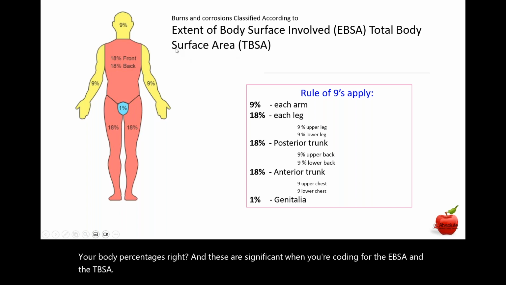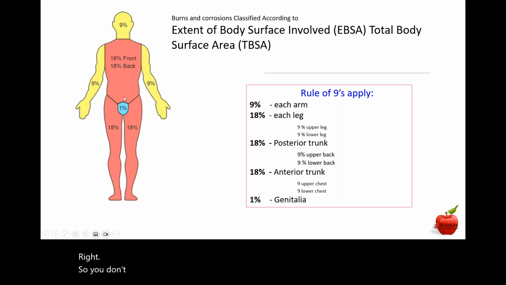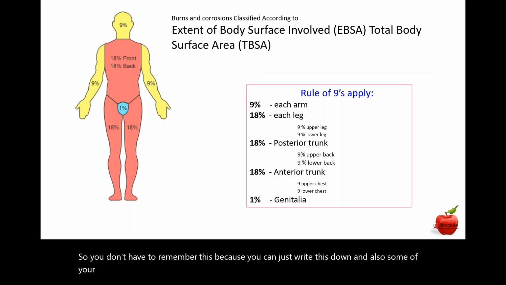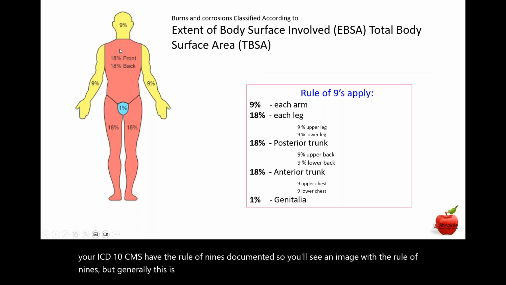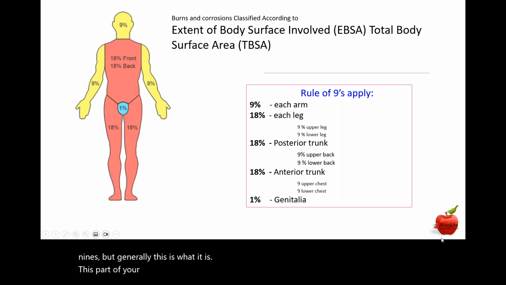You don't have to remember this because you can just write it down. Also, some of your ICD-10-CMs have the rule of nines documented, so you'll see an image with the rule of nines, but generally, this is what it is. This part of your body, and I want to see what you can see. So I'm going to just take a moment to see something.